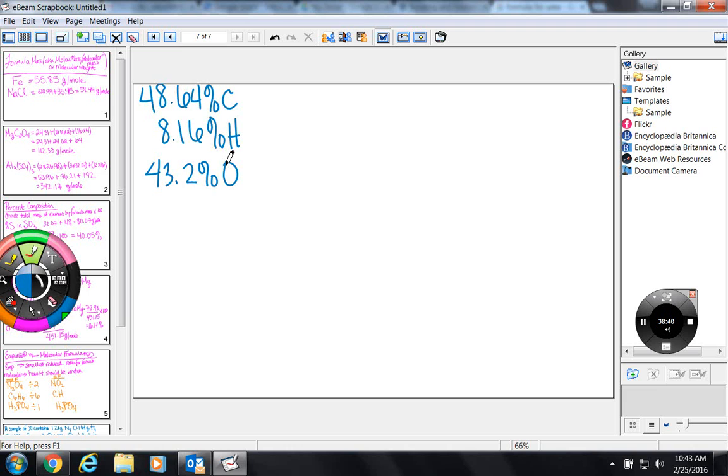All right, so what do you do? Okay, so you have to divide by the actual mass. So divide by 12.01. Divide by 1.01. Divide by 16. Y'all divide. Here, I get 4.0499.